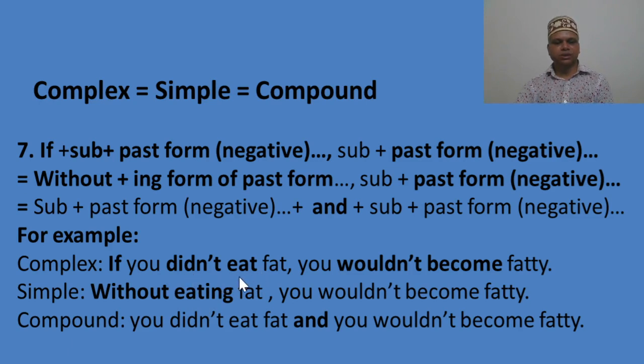Here it is ing form of eat, it is eating. Without eating fat, you don't become fatty. So without ing and rest of the sentence. Now compound sentence, we have omitted if, and both the clauses are joined by and, a coordinating conjunction.